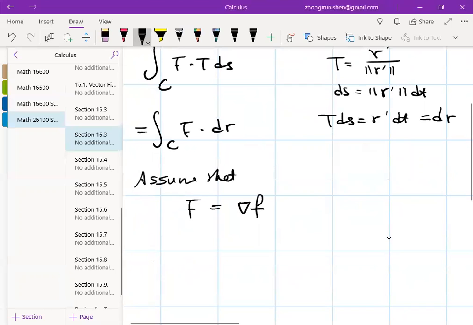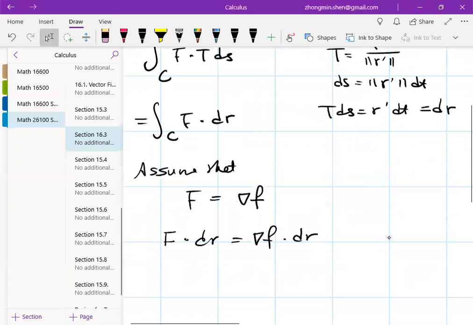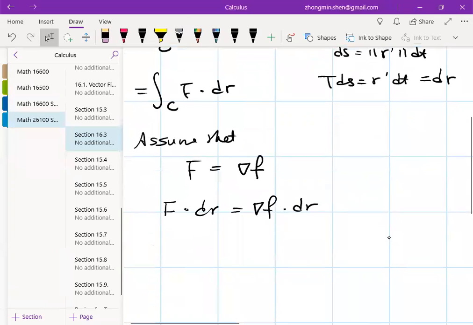what happens? The dot product, remember, right? This is gradient of f dot dr. So let's simplify it. Let's put the details here. f partial x, f partial y, f partial z.